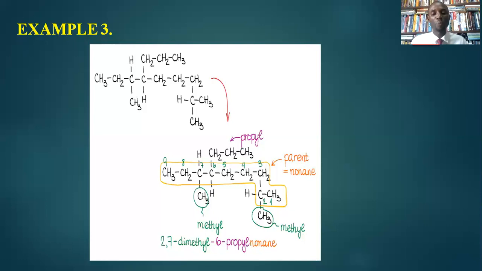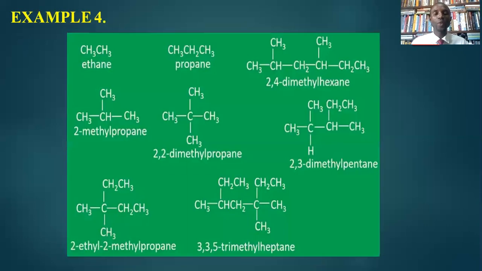Then 6-propylnonane. The compound once again is 2,7-dimethyl-6-propylnonane, the name of this particular structure. All right. With that, you can look at several structures. Ethane, propane, they are just normal ethane, normal propane.